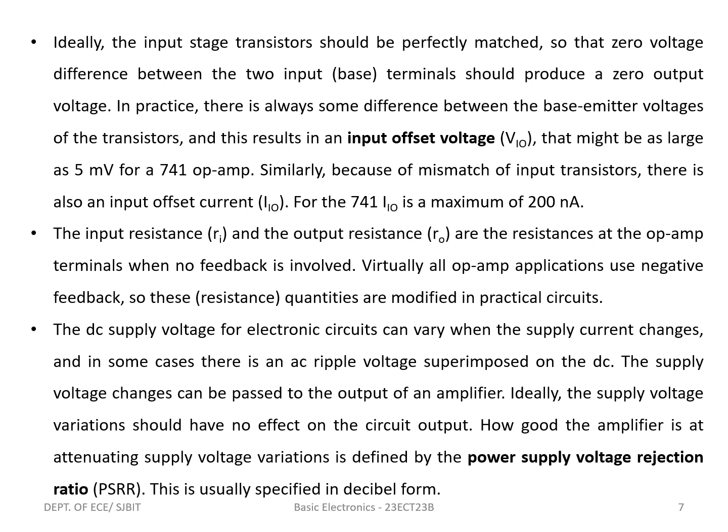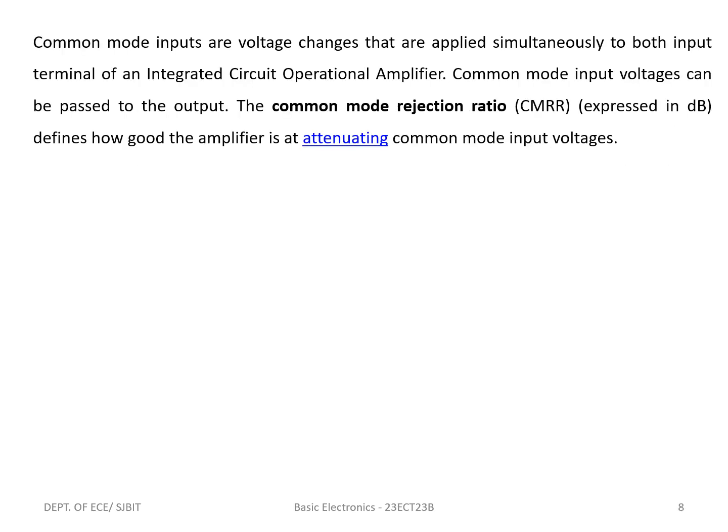The supply voltage changes can be passed to the output of an amplifier. Ideally, the supply voltage variations should have no effect on the circuit output. How good the amplifier is at attenuating supply voltage variations is defined by the power supply voltage rejection ratio. This is usually specified in decibel form.